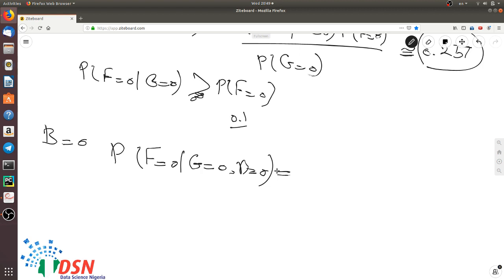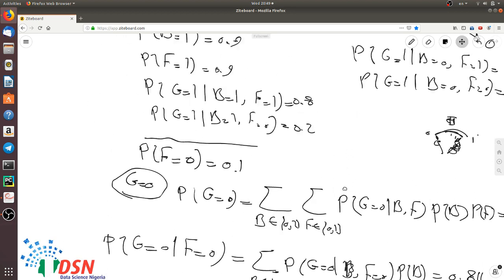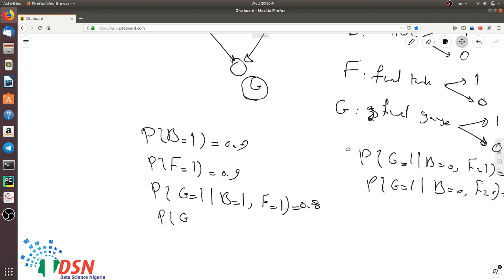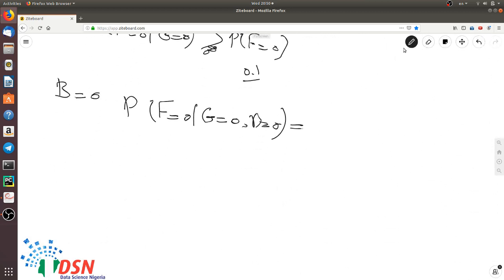And just note that we know that what the gauge shows is related to the battery status. So if we don't have any battery, then the gauge probably shows a false value. So now it is interesting to obtain this probability.